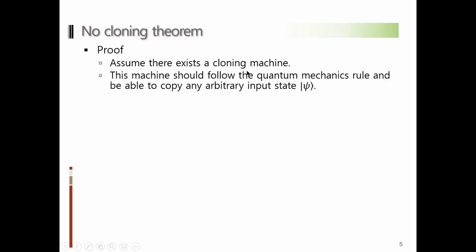Then even the cloning machine still should follow quantum mechanics, because we are basically assuming that quantum mechanics governs the entire world, meaning that everything should be explained by the quantum mechanics rule. This copy machine should still follow the quantum mechanics rule, which means that it should be a unitary operation.